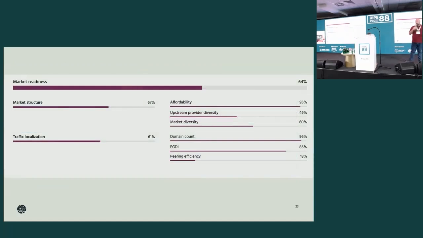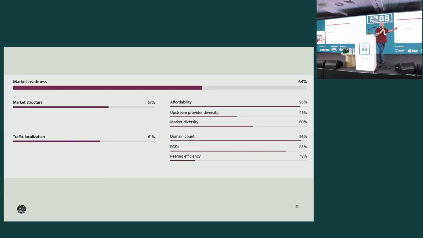Again, for Poland, this is what the results look like. You will see, well, there are internet exchanges, but the peering efficiency is low. So this needs to be addressed. Some intervention needs to be done when it comes to traffic localization.